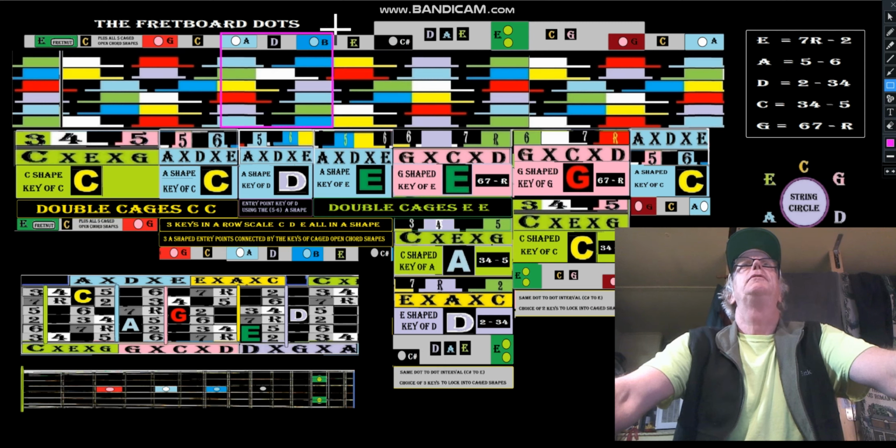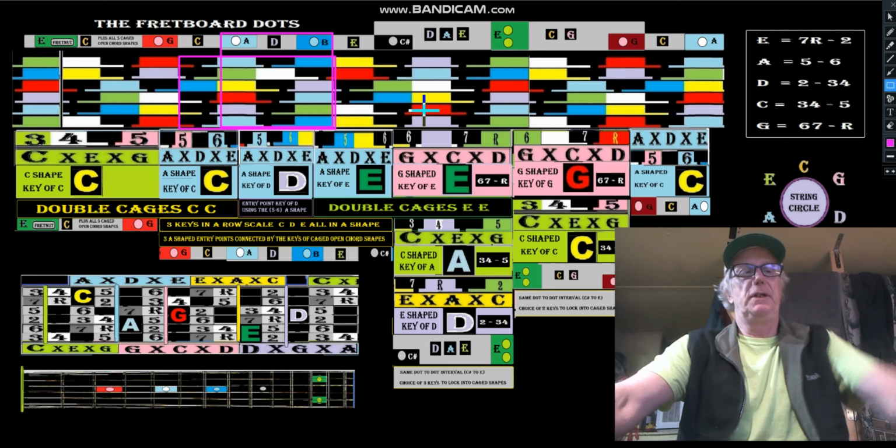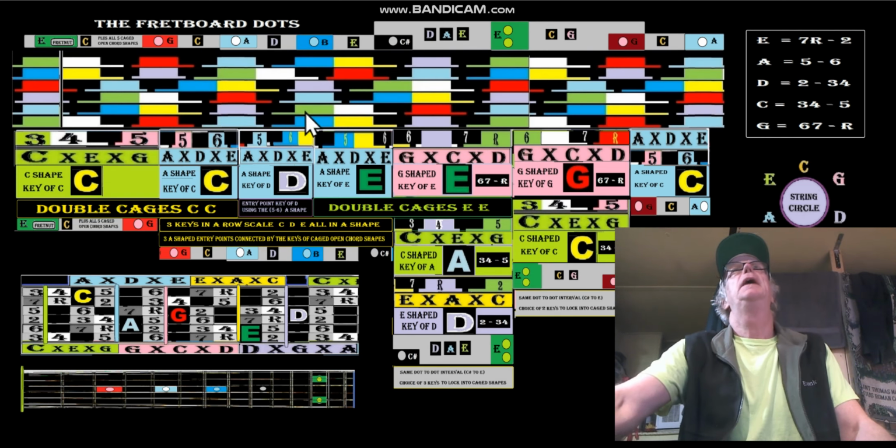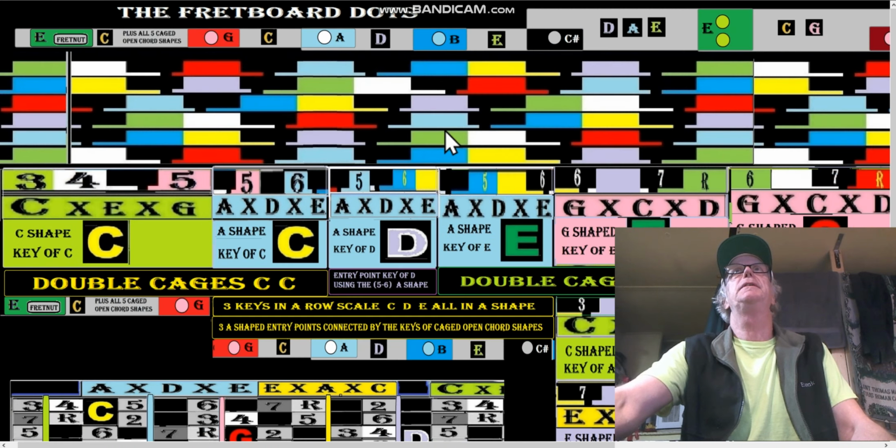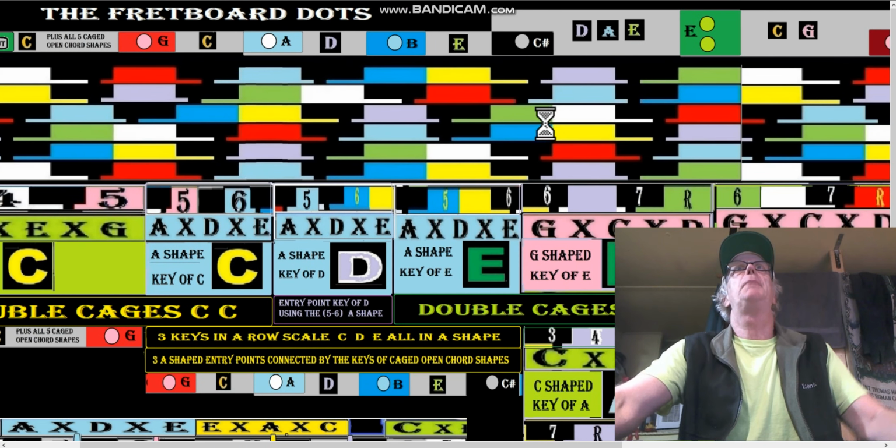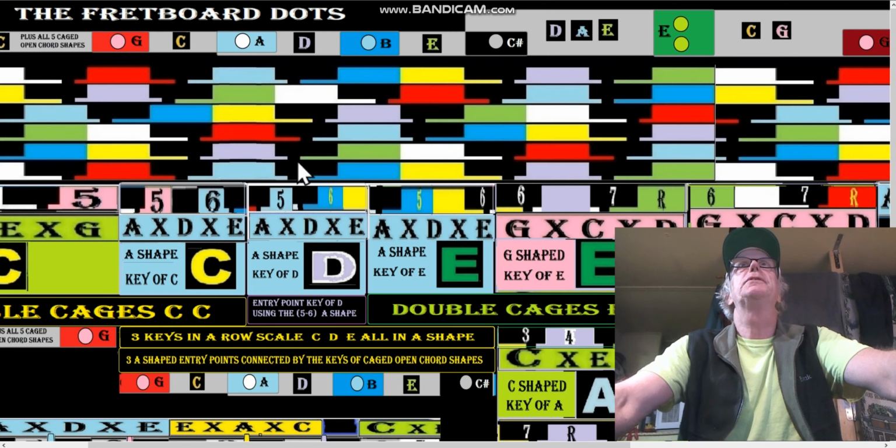Okay, so we've got the dots, and we've got our A-shaped D. Now the A shape actually extends down a little bit and then goes up to that 6th. So let's look at that for a moment. And this is the chart that I redid today, which can show this a lot better. But we're just going to finish up this little initial discussion here on the key of D.